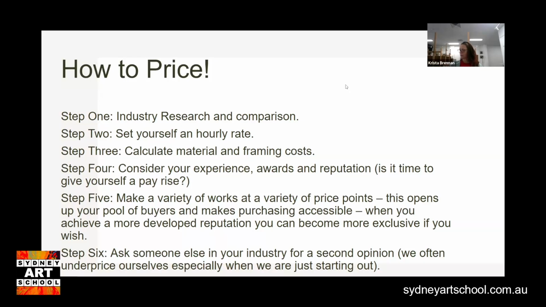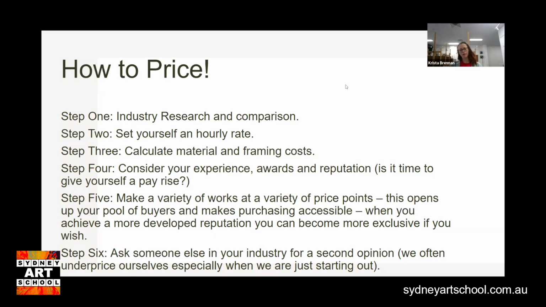But here are some suggestions. So let's say you've produced an artwork and now you're trying to work out what price you should put on the artwork. The number one thing you can do is look at what other comparable artworks are being priced at. So industry research and comparison. There's a few different ways that you can do that as well. Some of that might be looking at artists who are producing a somewhat similar kind of work to you.